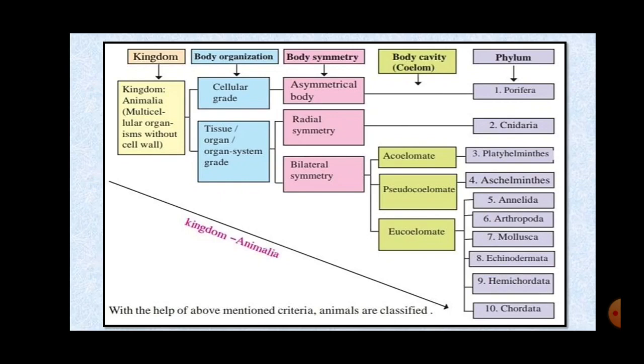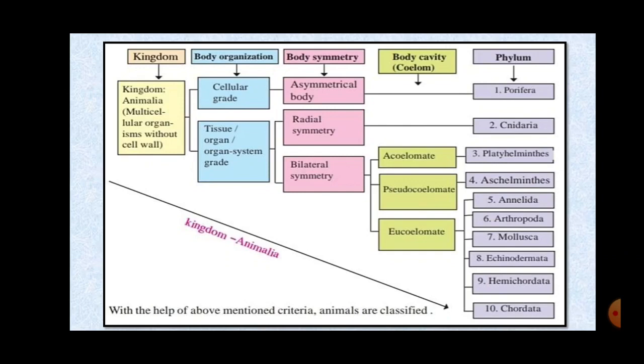So all the animals with the cellular grade organization and asymmetrical body will be placed in the phylum Porifera. Then the animals which show radial symmetry and are of tissue grade organization would be placed in the phylum Cnidaria, right?